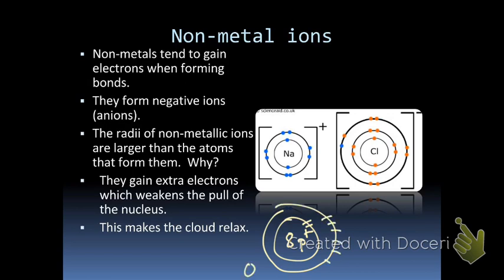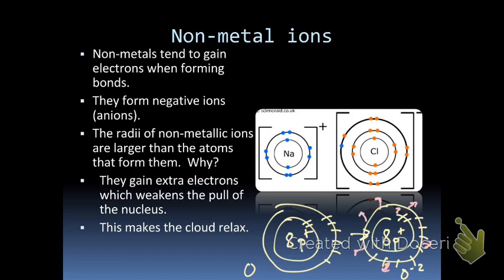That's neutral oxygen. If you add 2 more electrons, now you have 8 electrons out here, which you want. However, since you now have more negative charges relative to positive charges, the pull of the protons decreases relative to each electron. And so it allows the electron cloud to relax and get a little bigger.